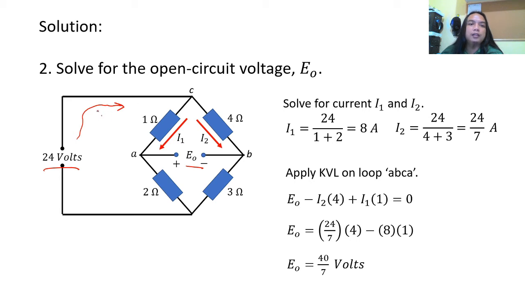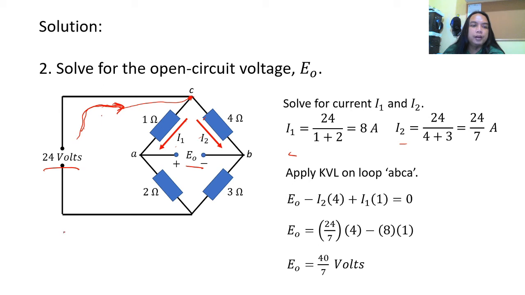The current entering here will go to this junction or node, then it will be divided into two, I1 and I2. First we need to solve for the values of I1 and I2.